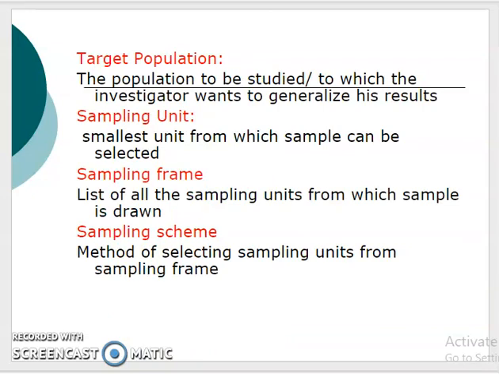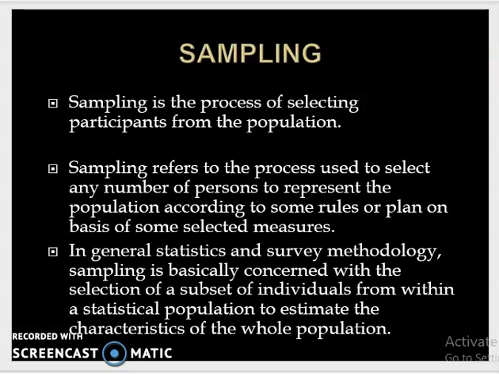So these terms we have already mentioned. Once again, sampling is a process of collecting participants from the population, and sampling refers to the process used to select any number of persons to represent the population according to some rules of the plan based upon the selected measures. In general, in statistics and survey methodology, sampling is concerned with the selection of a subset of individuals from within a statistical population to estimate the characteristics of the whole population.